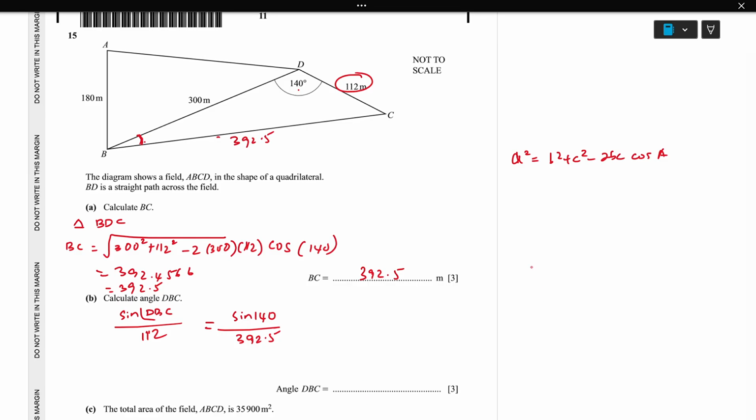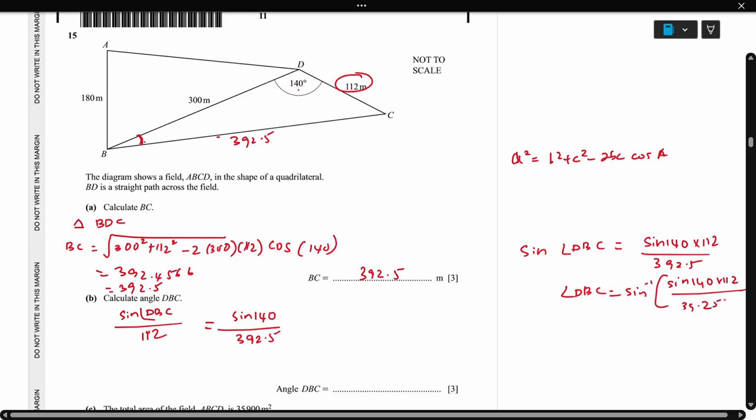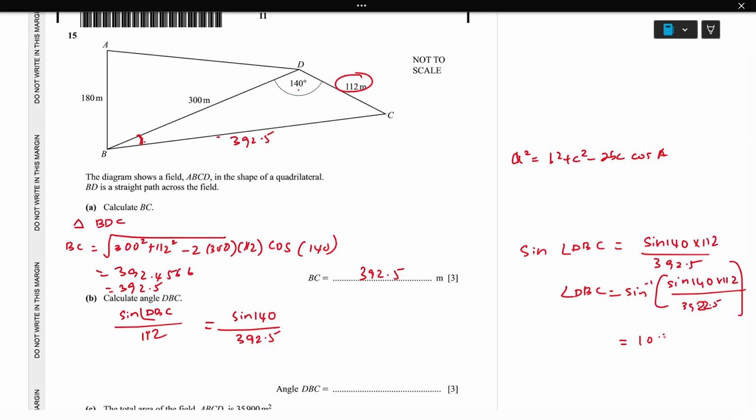I'll rearrange: sine of angle DBC equal to sine 140 times 112 over 392.5. So angle DBC equal to sine inverse of sine 140 times 112 over 392.5. We'll get the answer 10.569, and rounding to 1 dp, that is 10.6.